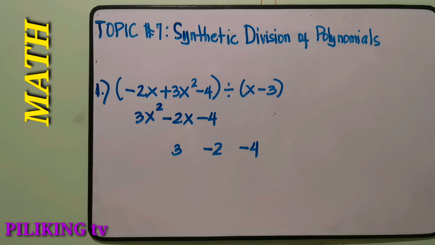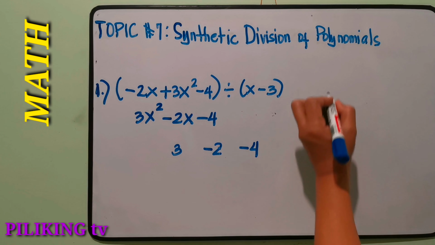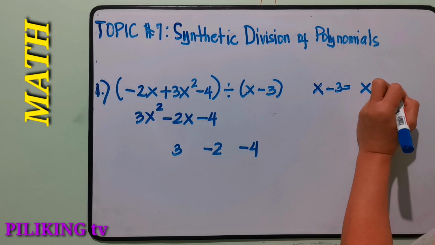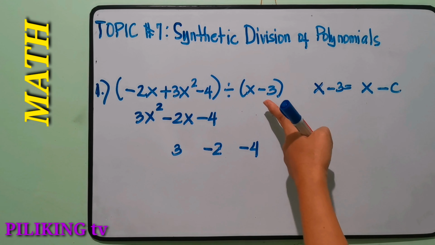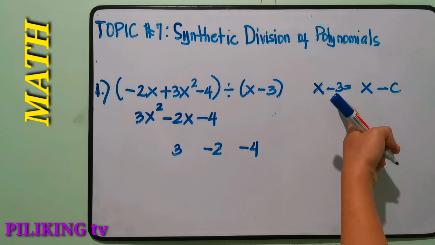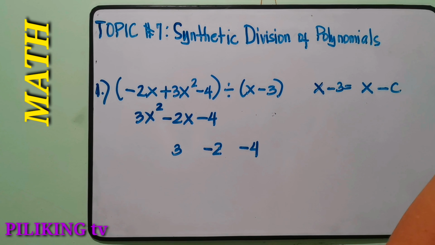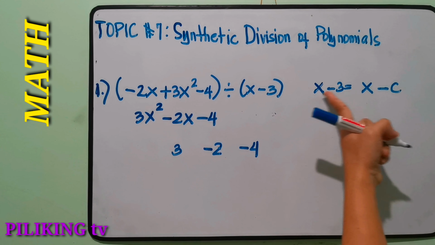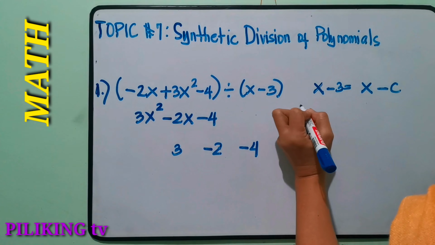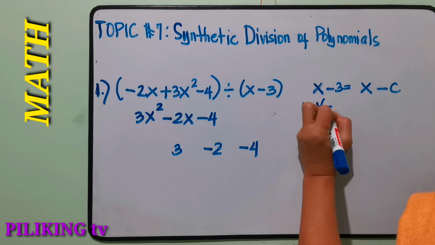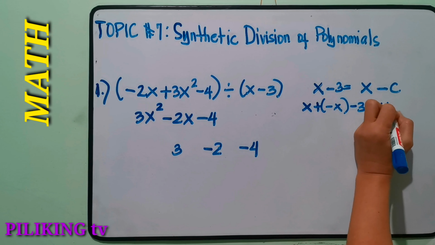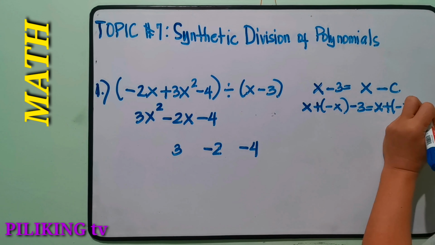Then we have step 2: find c from the divisor. That is, x minus 3 is equal to x minus c. Since our divisor is x minus 3, let us get the value of c. How will you get the value of c? By adding x to both sides, we have x plus negative x, then minus 3 is equal to x plus negative x minus c.